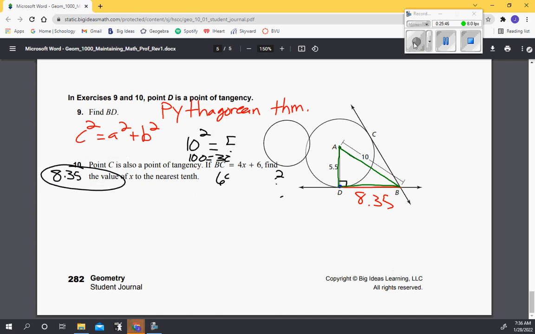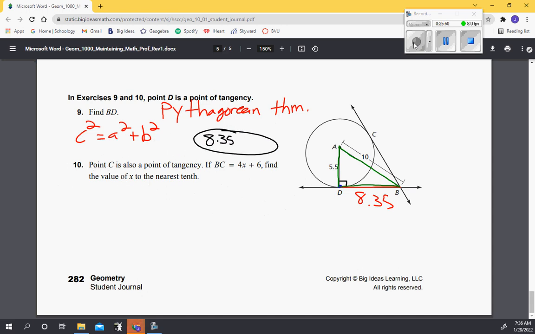I'm going to erase this, give me some room. Number 10, point C is also a point of tangency. This is also a point of tangency. We have 2 points of tangency.